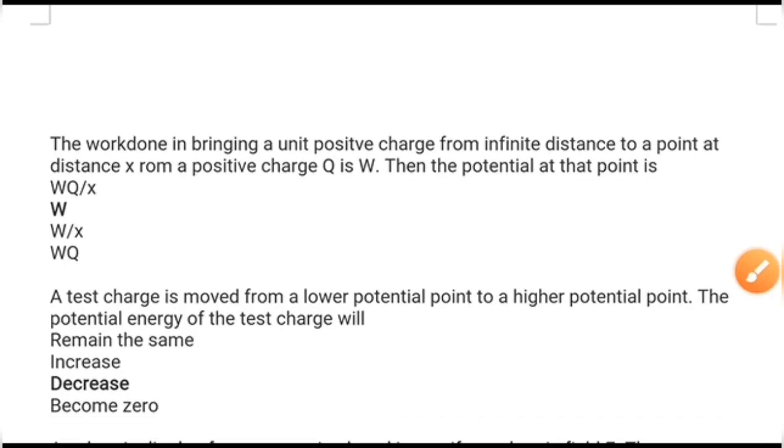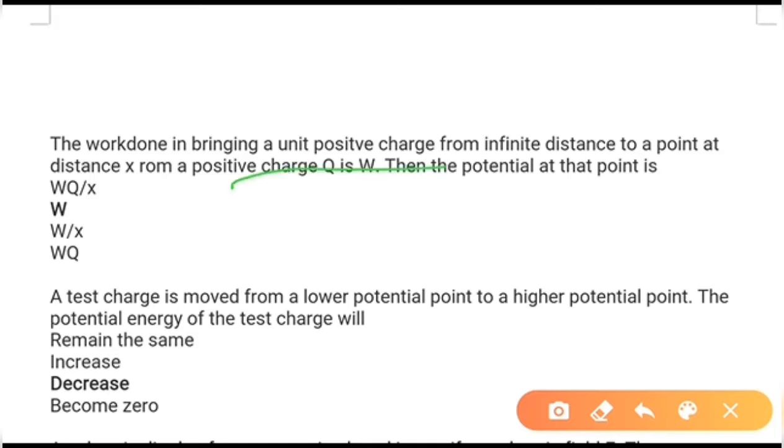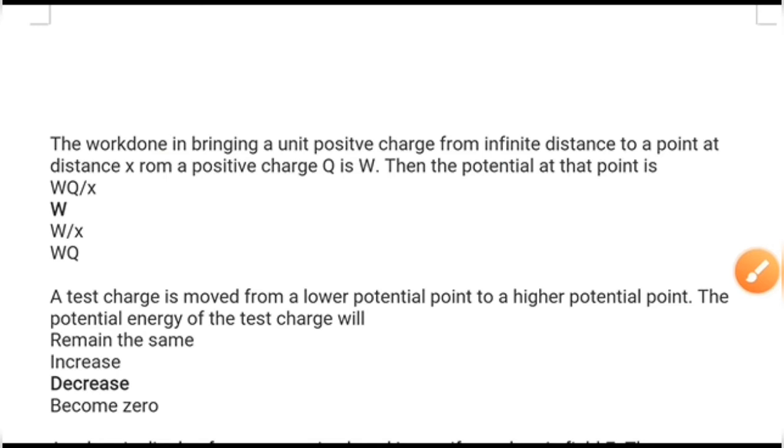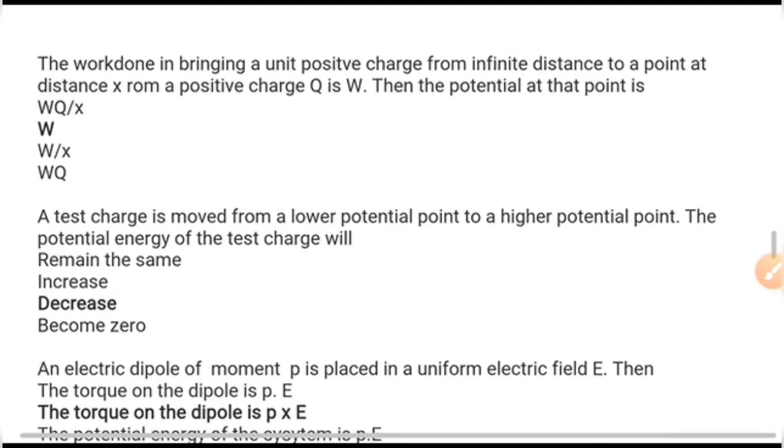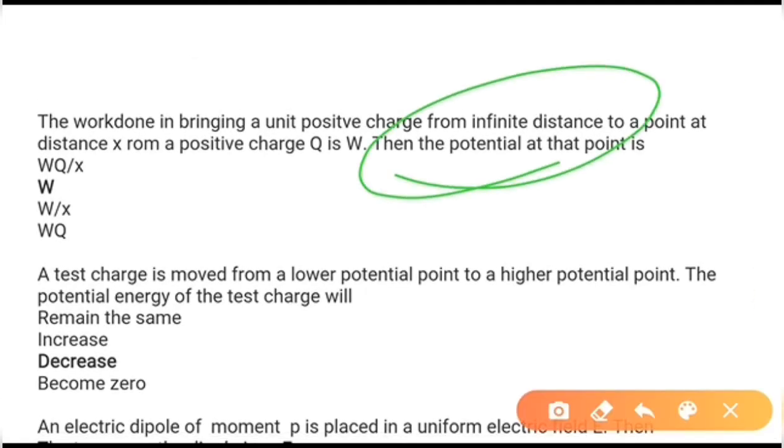So next question, the work done in bringing a unit positive charge from infinite distance to a point at a distance of r from a positive charge q is W. Once again reading the question, the work done in bringing a unit positive charge from infinite distance to the particular point is W. Then the potential at the point is, by the definition of potential, the work done by the unit positive charge against the given electric field from infinity to the particular point.